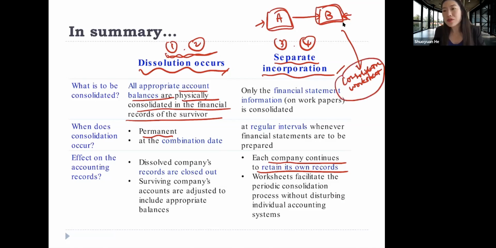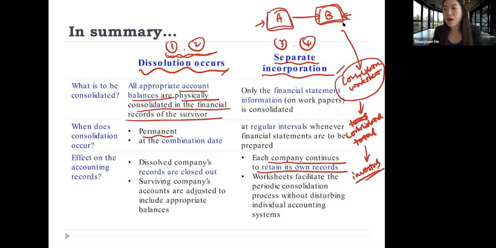And we're going to look at the consolidation worksheet in a minute. But in the last column, after doing consolidation on the worksheet, we're going to get a column of consolidated total numbers. And those consolidated numbers are what are reported to investors.